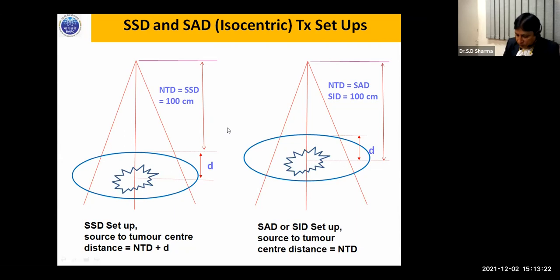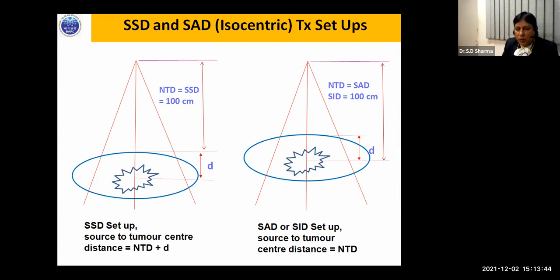Now, for further information, SSD treatment requires setting up the patient again if we have more than one treatment field. But in case of isocentric setups, once you position the isocenter at the tumor center, there is no requirement of visiting the patient all the time.